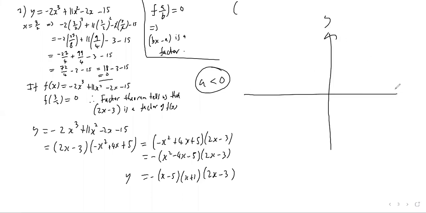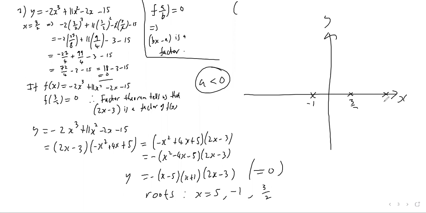So we've got the y-axis there, the x-axis there. Now, if we think about our roots to start with, if we set this equal to 0, what will our roots be? Well, x equals 5 is going to be one. Plug in 5 into that one, we get 0. We've got another one at -1. Plug in -1 into that, we get 0. And then we've got a root at 3/2 because we worked that out. So we've got -1 there, 5 over there, and 3/2 somewhere perhaps here.